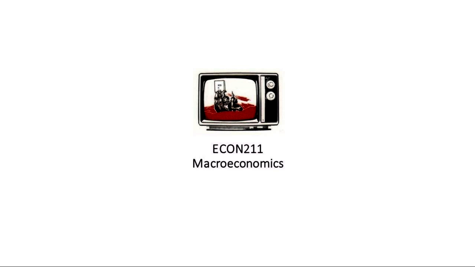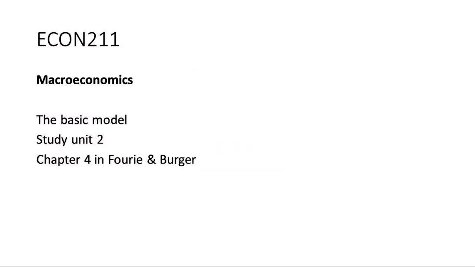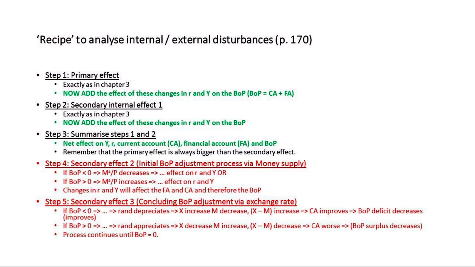We are still busy with Study Unit 2 and it is Chapter 4 in Fourie-Burger. We are using the IS-LM-BP model to have a look at the effects that policy changes or external shocks have on the macroeconomy. Now, our little recipe to analyze internal or external disturbances is given on this page.